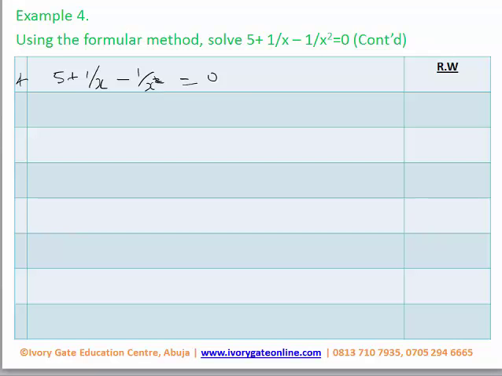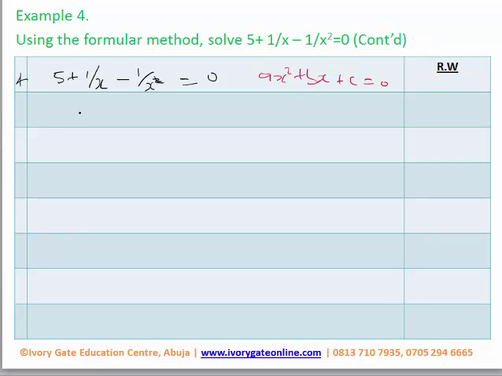Okay, so remember here we are looking for an equation like this and not one like this. So we'll now see what we can do to make it to be of this standard form.